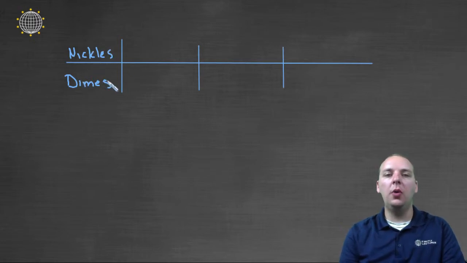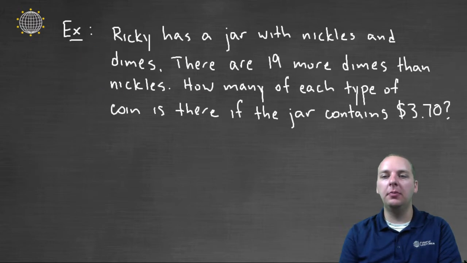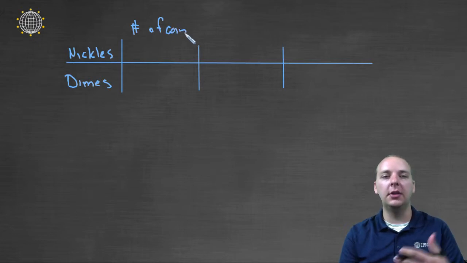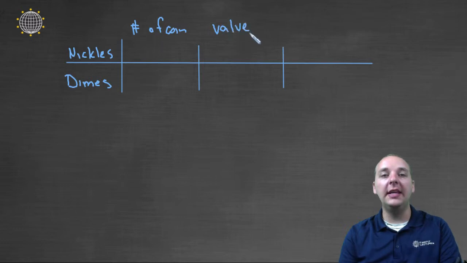Okay, so what type of information might we need to know about the nickels and dimes? How about the first column be the number of coins? That's the number of nickels and the number of dimes. And then another important piece of information is the value of each coin, so that I can go ahead and fill in.